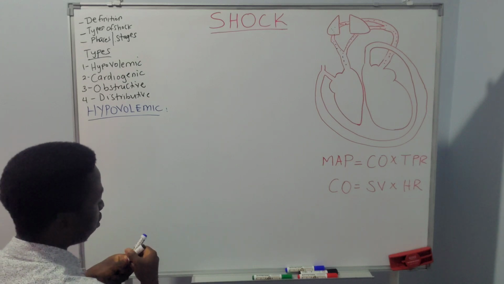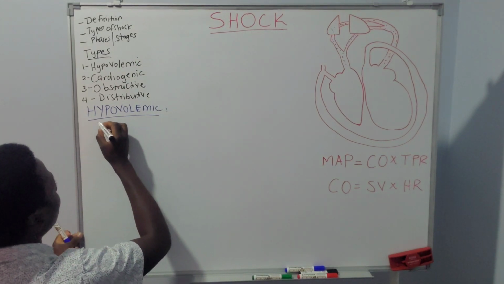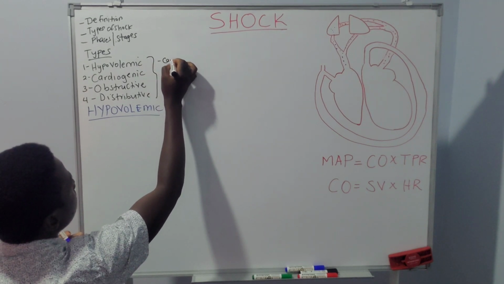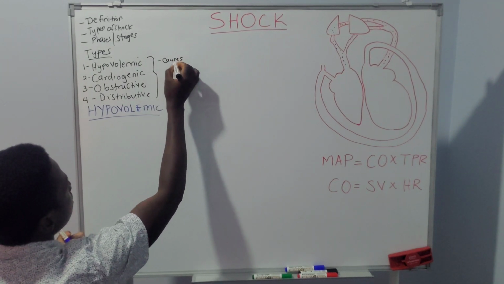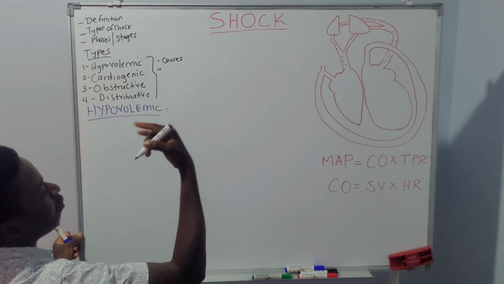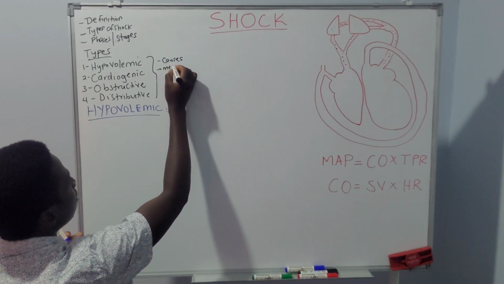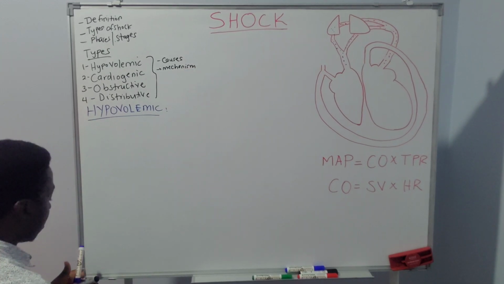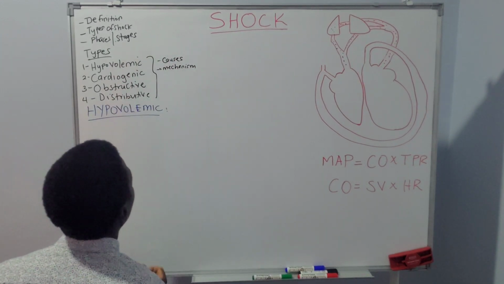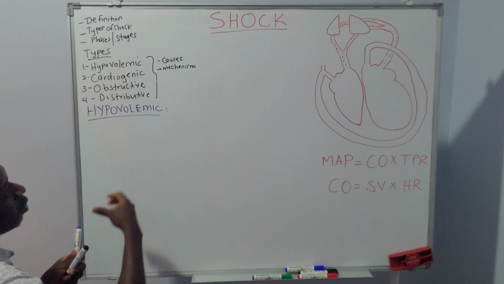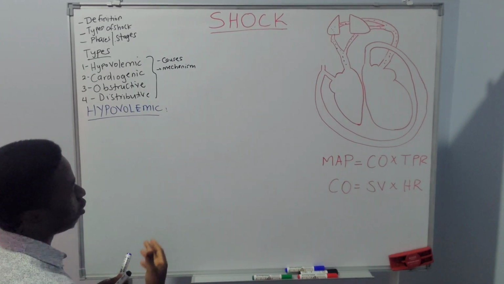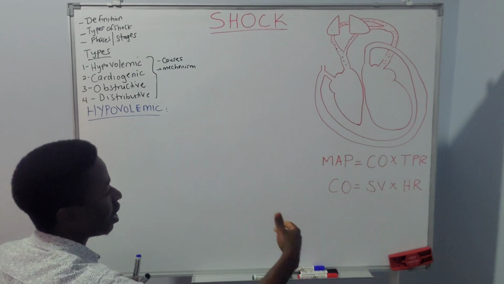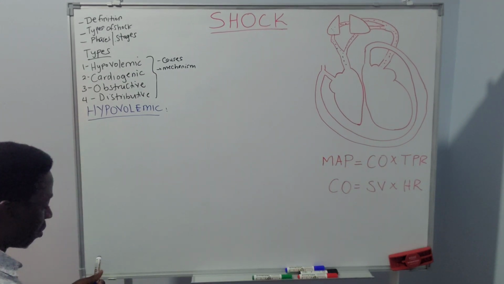Under each type of shock, be able to know what the different types are, the causes of each of those types of shock, and then the mechanism in which these bring about shock. How will they bring about this decreased perfusion or decreased blood supply to the tissues, and eventually tissue damage following hypoxia and decreased nutrient supply?